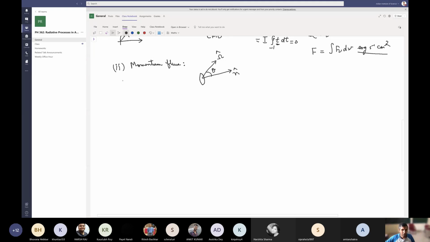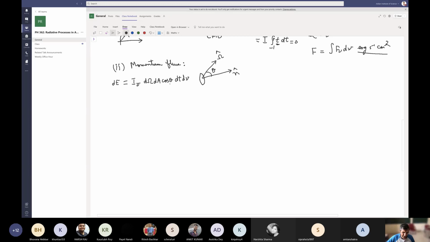So dE, the amount of energy going along this omega hat, is equal to I nu times d omega dA cos theta dt d nu. So this is the amount of energy that crosses this area per unit time, per unit frequency, per unit solid angle along this direction omega hat.